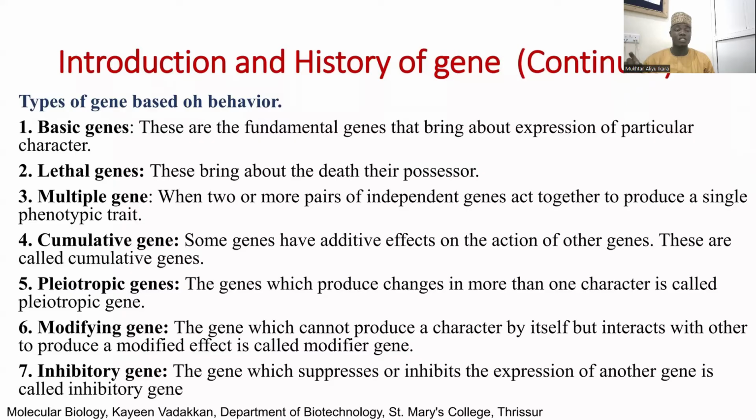Then another type of gene is the multiple gene. When two or more pairs of independent genes act together to produce a single phenotypic trait, that type of gene is called a multiple gene. These are the kind of genes that violate the law of Gregor Mendel.